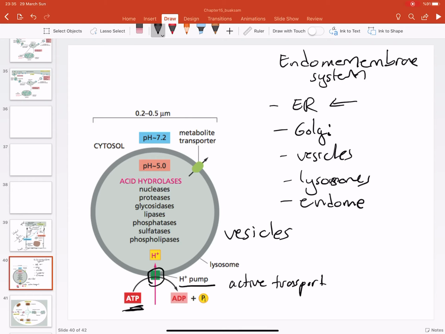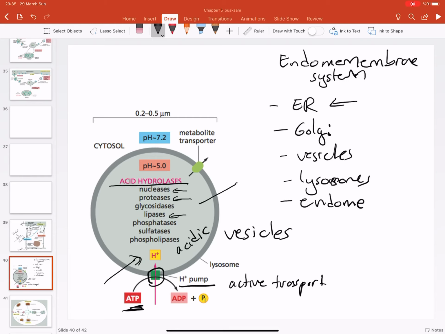And using this ATP, the protons are pumped inside. Of course, when the protons come inside, it's going to be acidic. And there are some acid hydrolases, like nucleases which digest the nucleic acids, proteases which digest the proteins, lipases which digest the lipids, etc. And this is a digestive organelle.